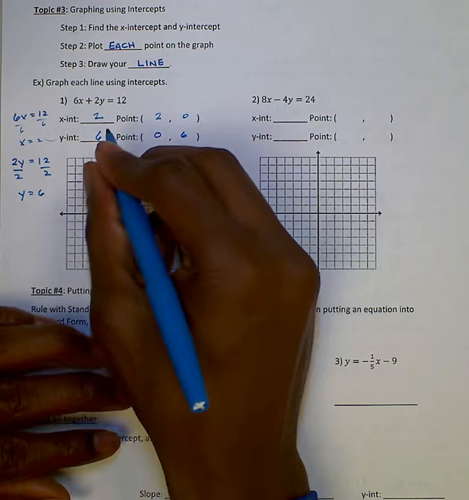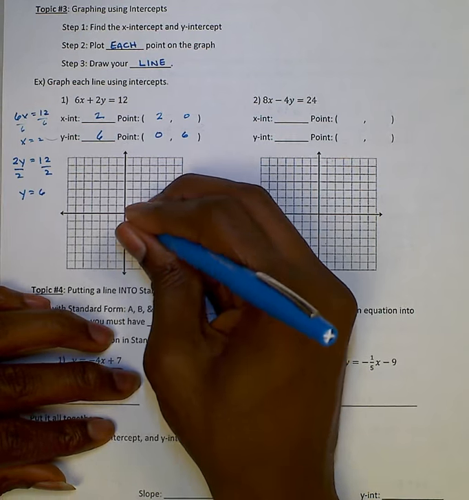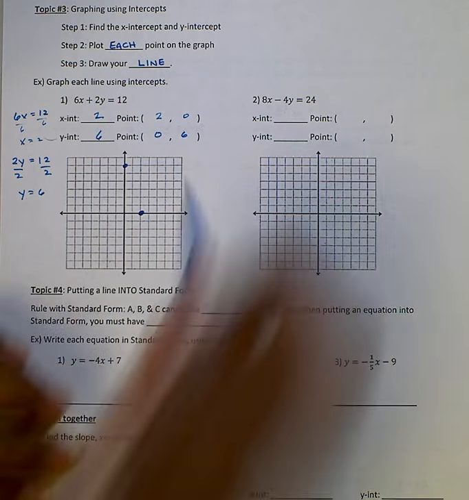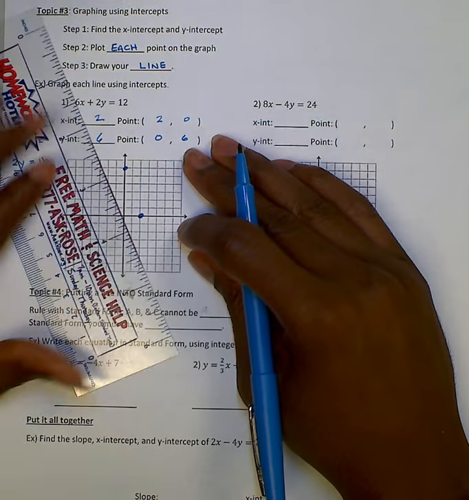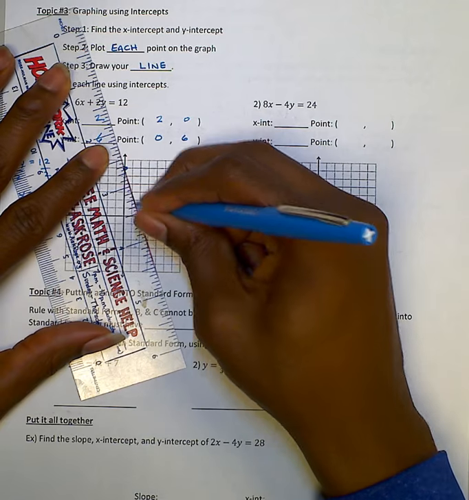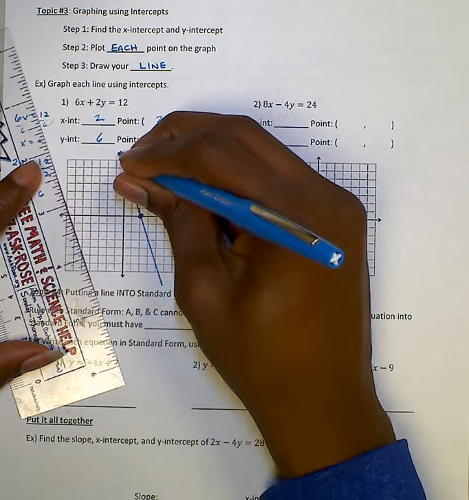And now we just plot our points. A point at 2, a point at 1, 2, 3, 4, 5, 6. And those are our 2 points that we found, our x and our y-intercept. And the line just has to go through those 2 points. Remember, it goes through a bunch of points.